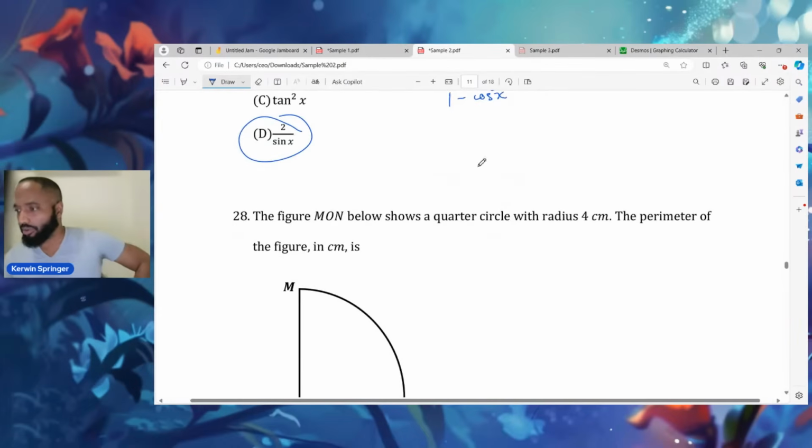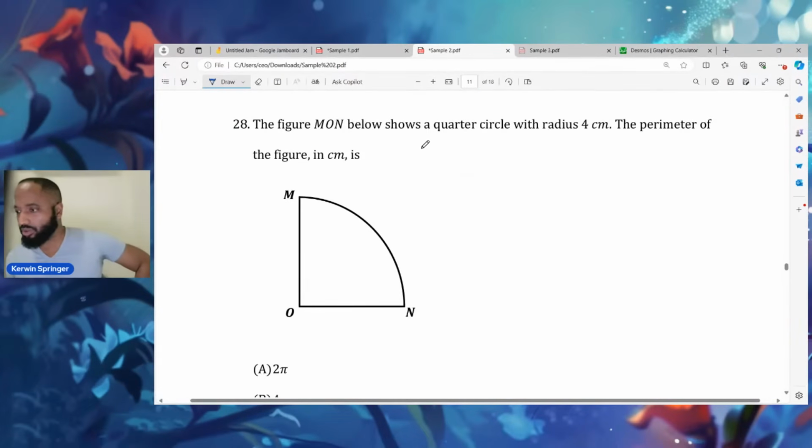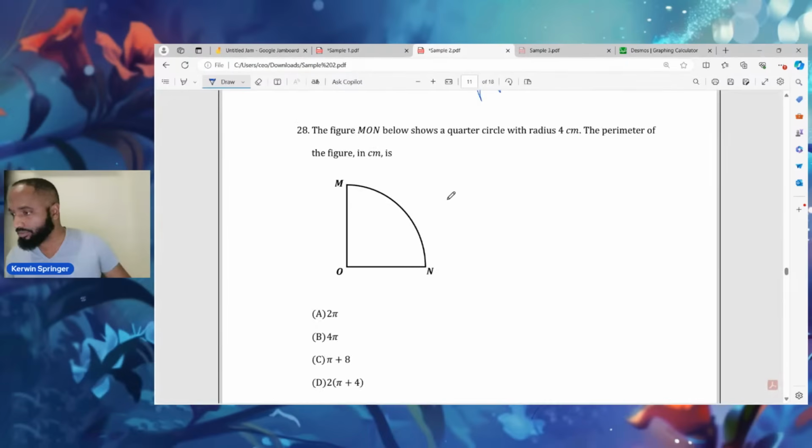The figure shows a quarter circle, find the perimeter. The radius is 4, 4. So we had to add 8, and we had to add the arc here. The perimeter of a circle, they look like they're using normal things.